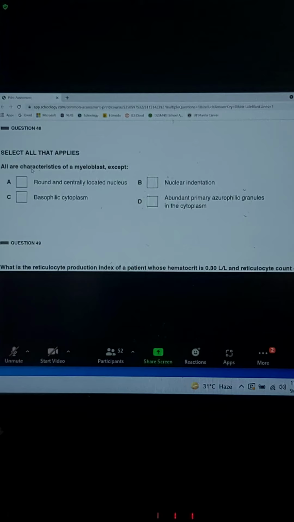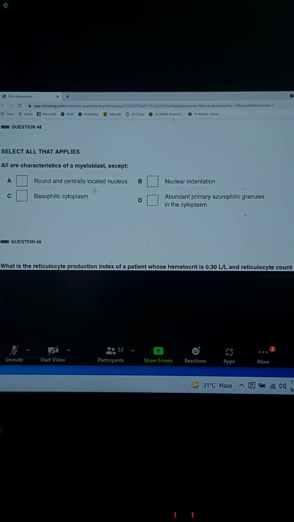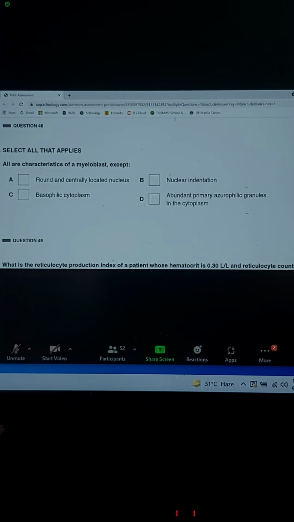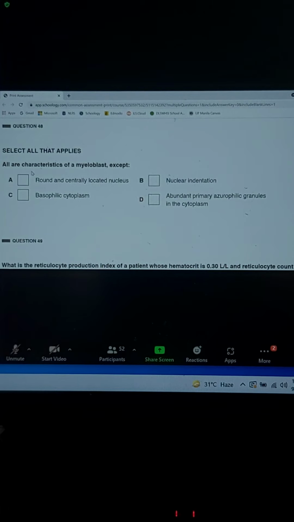48. So all are characteristics of a myeloblast except. A po ba, sir? So lahat daw ito ay characteristic ng myeloblast except letter B. Indentation.